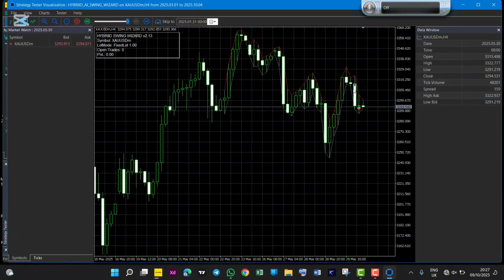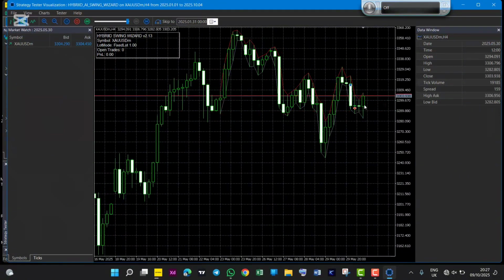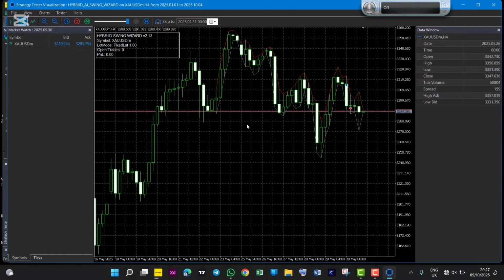We got another entry and the entry actually failed. The entry failed here. So let's see if we're gonna get another higher probability setup again.